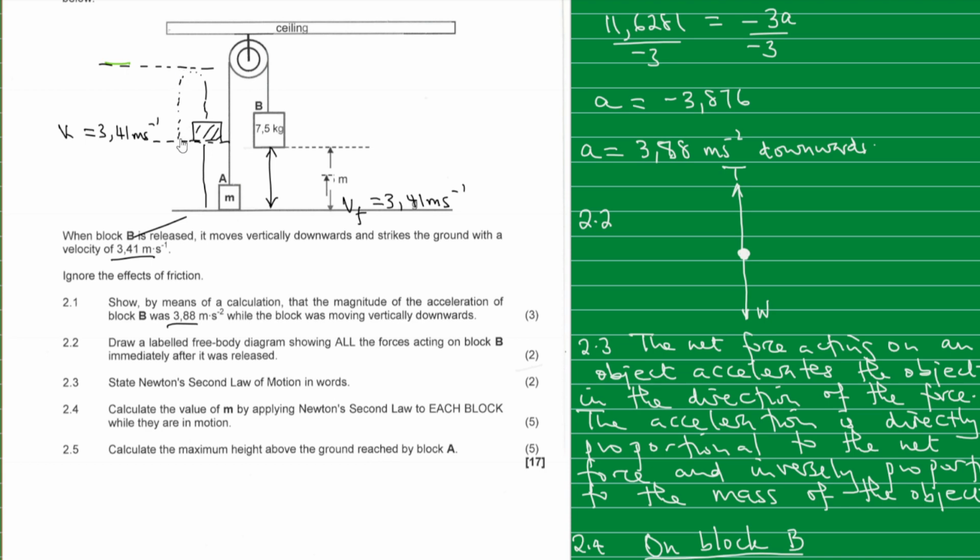Now, from that point to the maximum height, that distance, or displacement, the object is a projectile. In other words, it is in free fall. The only force acting on it is gravitational force. So we need to find how many meters block A continued to move up from the time block B hit the ground.